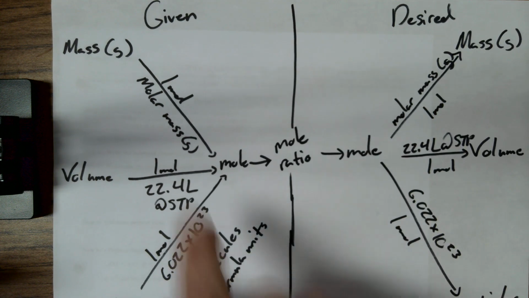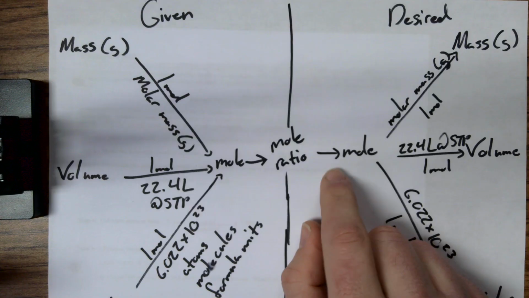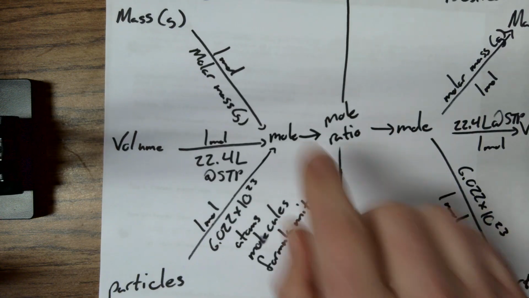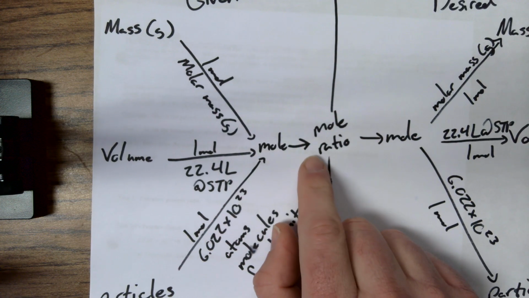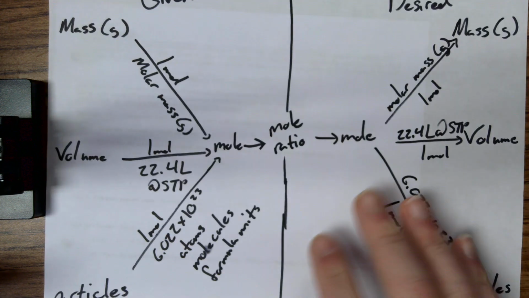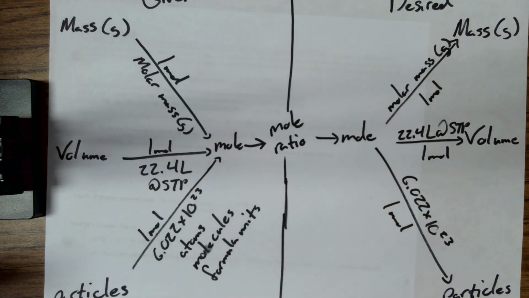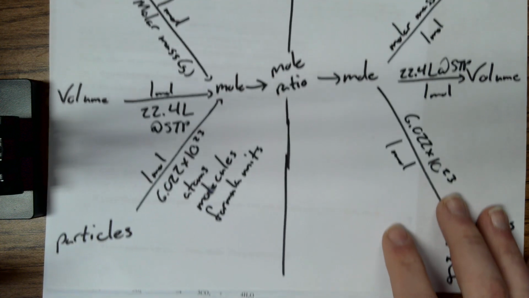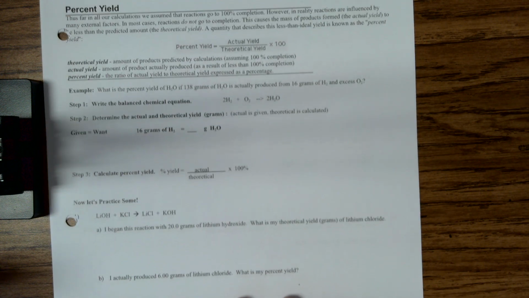Identifying your given side, how I get from my given side to my desired side through my mole ratio, how I can be given mass, volume, particles, how to convert them to the moles, to multiply across the mole ratio, to get my final mole, to convert it into which product I need. Do I need my final answer in mass? Do I need it in volume? Do I need it in particles? That is going to be the biggest hurdle that you're going to have to jump.